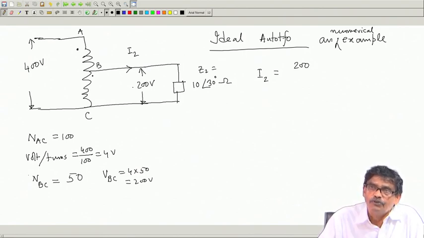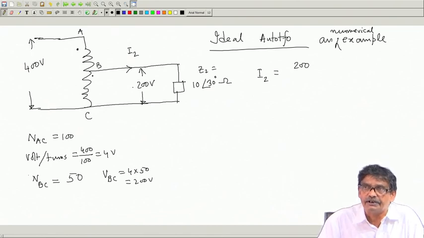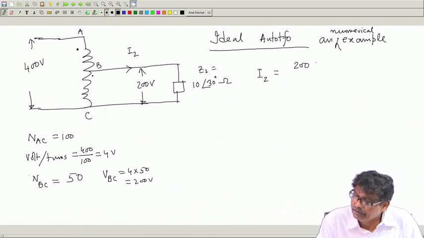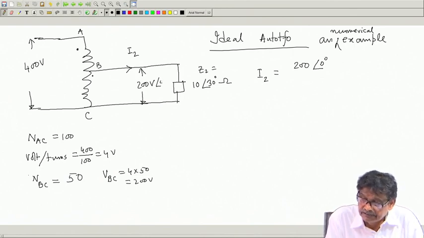Why? Because common flux, all this part of these coils same flux is crossing, only thing number of turns are different. Therefore, I2 will be taking this voltage in reference.